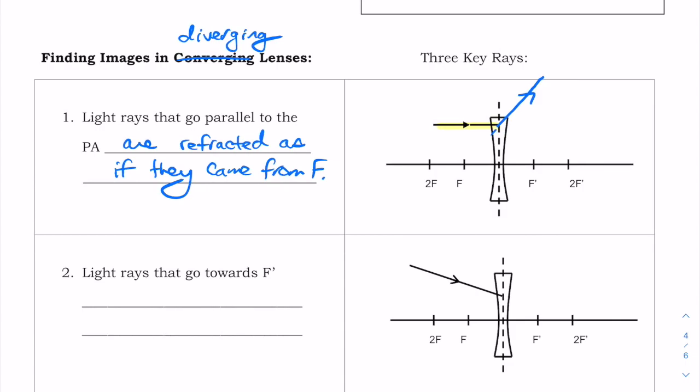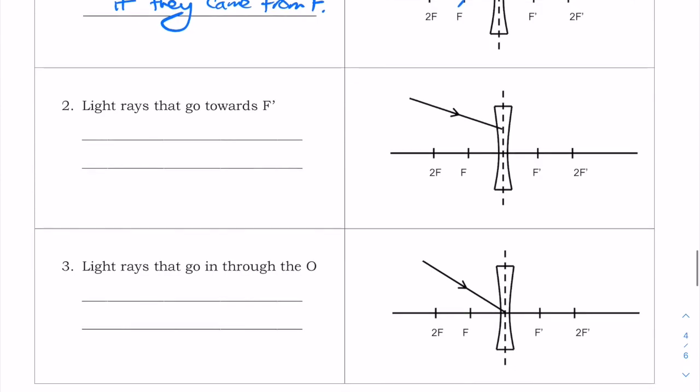We've done this a few times now. Okay, and that's what we mean. It appears like it came from F. The second ray of light that we're going to draw is a ray of light that is heading towards F prime. It's refracted and comes out parallel.